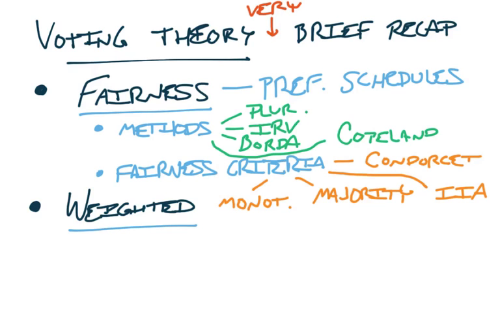All right. The next big thing we talked about was this idea of weighted voting. And remember, the big difference here is that in the fairness section, we had voters submit preference schedules, and they had to submit preference schedules because there were typically a lot of candidates running to win the election. And so voters had different preferences for all of the different candidates out there.